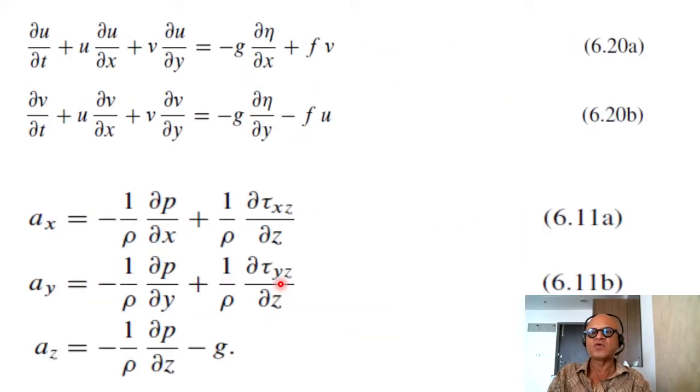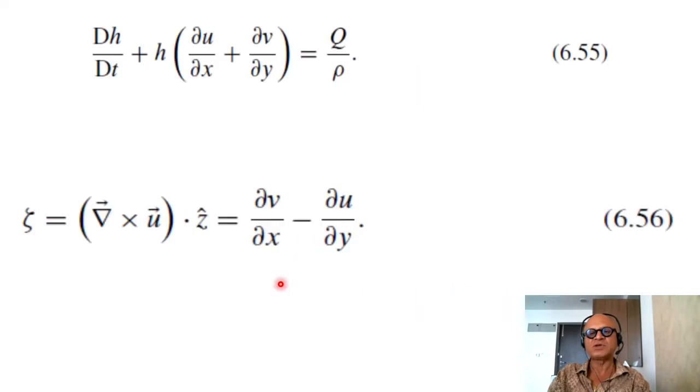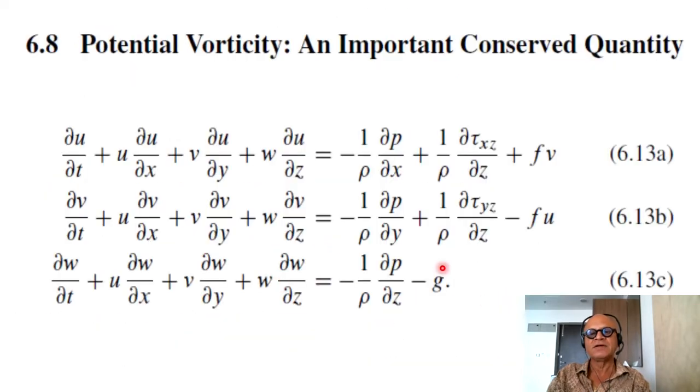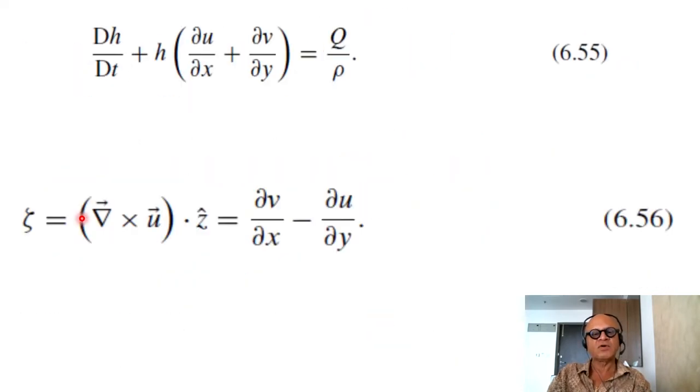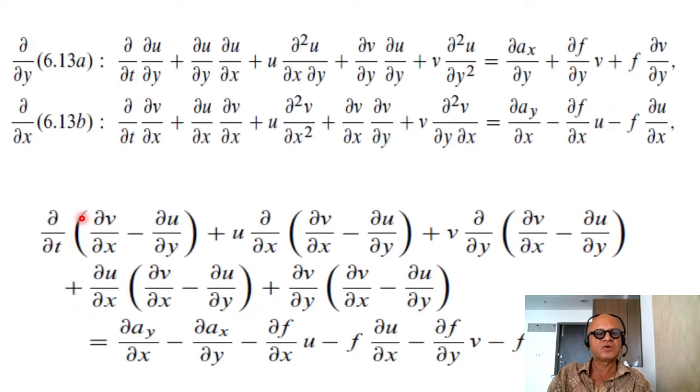Of course, this could be bottom forcing as well, depending on which situation you are dealing with. So we are going to go back to the equations of motion that we looked at here and do d/dy minus d/dx as we did before to get our vorticity equation. So here we're going to take d/dy of 613a and d/dx of 613b.